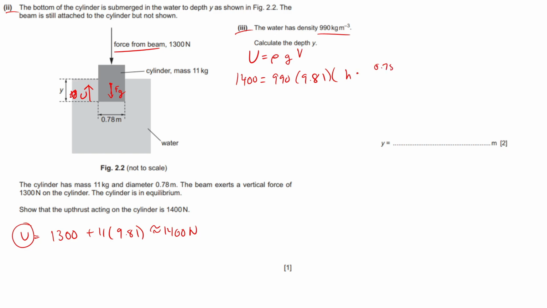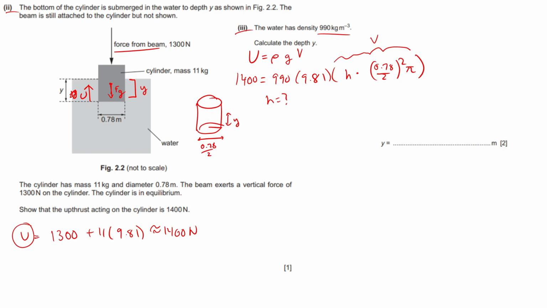And the cross-sectional area is a circle. So we have to take the radius and divide by 2, and then we square it and multiply by pi to get the cross-sectional area. And then if we multiply by h, that will be V as shown. I drew another diagram here just to make sure that it's reinforced and more clear.